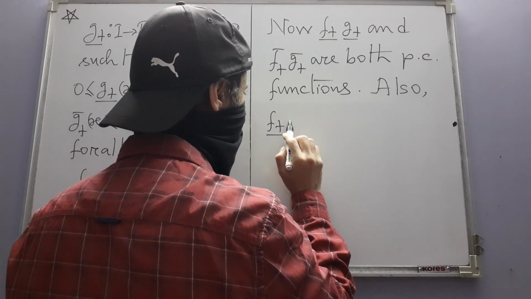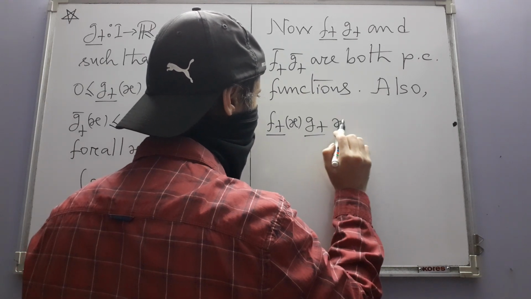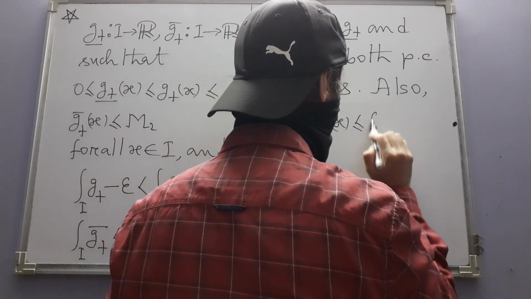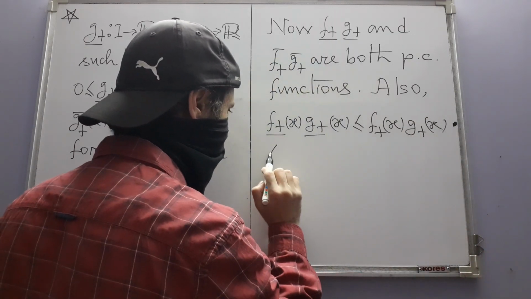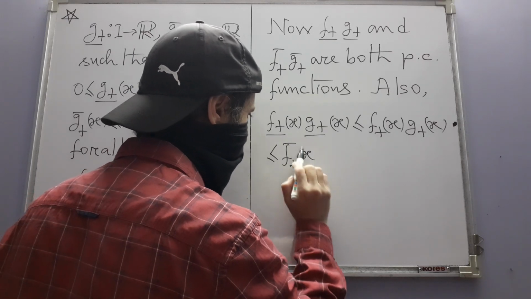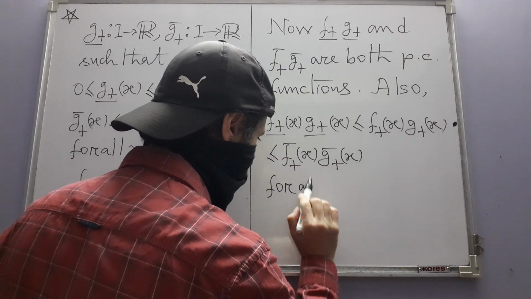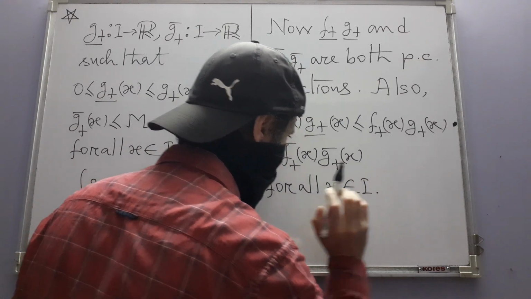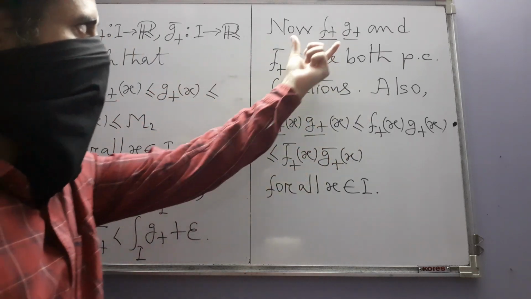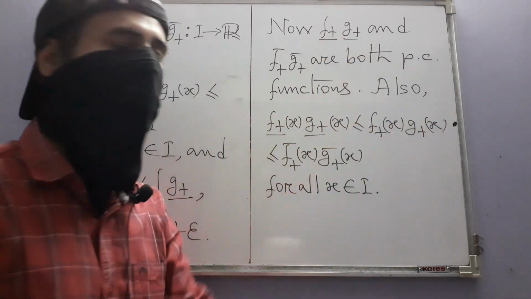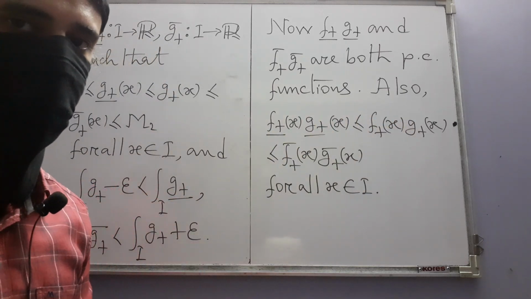F plus underscore x times g plus underscore x is less than or equal to f plus x times g plus x, which is less than or equal to f plus bar of x times g plus bar of x for all x belonging to I. So not only are these two functions PC functions, but this one minorizes f plus g plus, and this one majorizes f plus g plus.